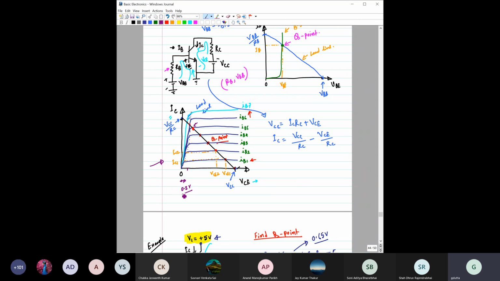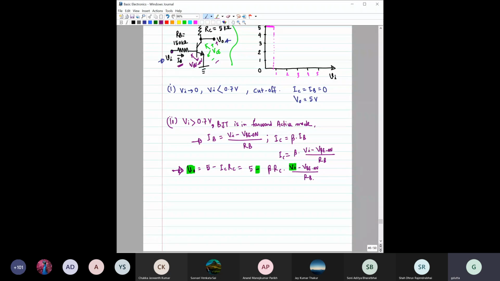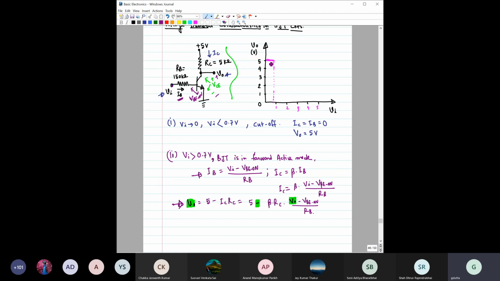So if you consider that V_CE(sat) is around 0.2 to 0.3 volt, then we can say the characteristics will fall until the output voltage reaches nearly 0.2 V. Now the question is, at what input voltage would the output be this 0.2 volt?